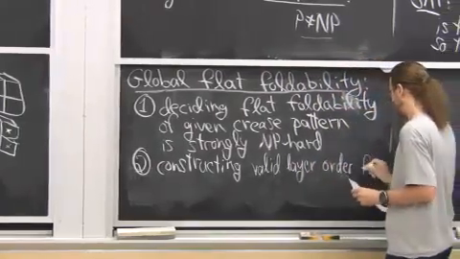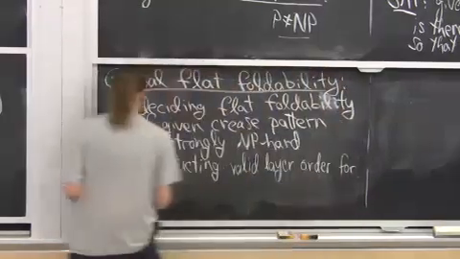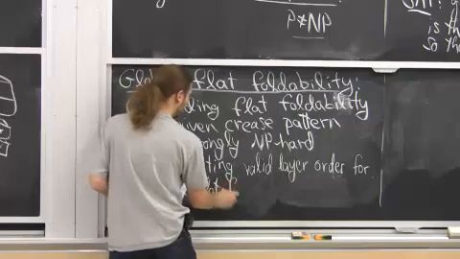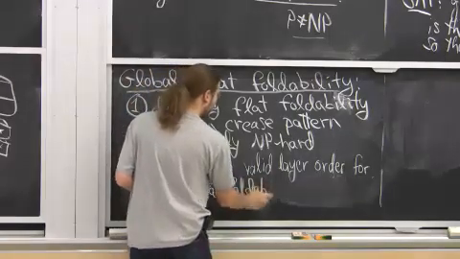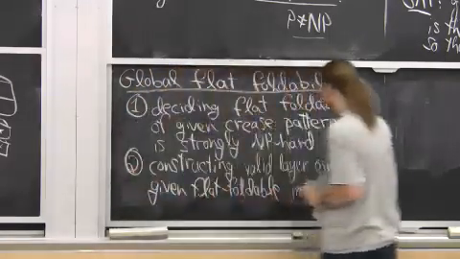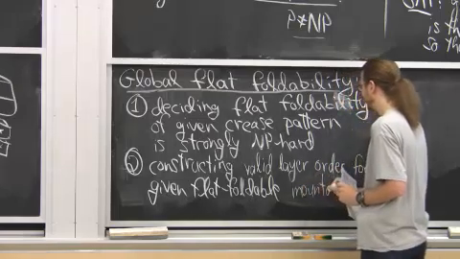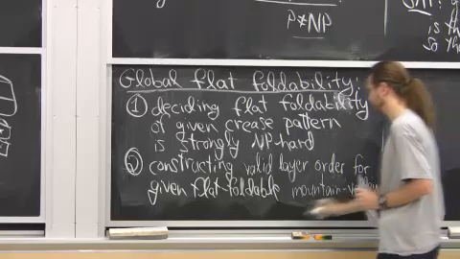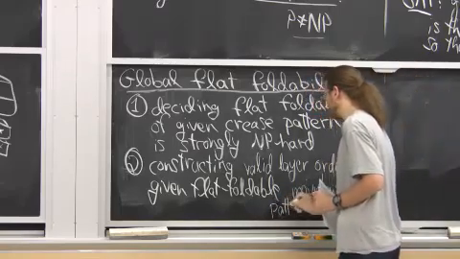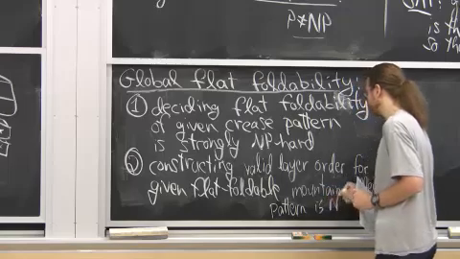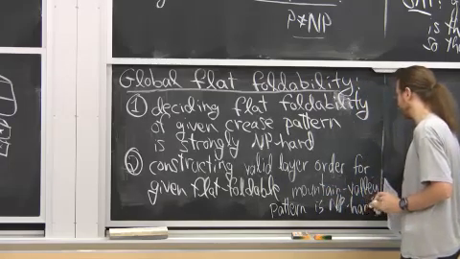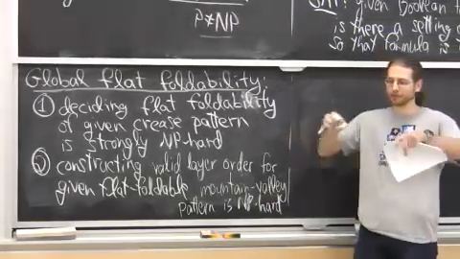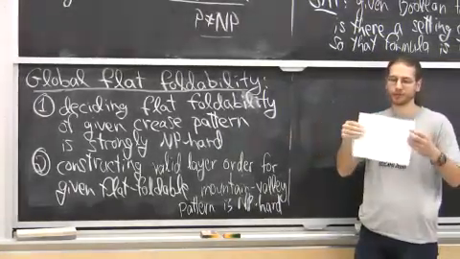The other thing they proved is that if you're given a flat foldable, even I tell you it's flat foldable, and I even give you the mountains and valleys that make it work, still flat folding the thing is NP-hard. So if I give you a flat foldable mountain valley pattern, all that's left is to decide I can fold each vertex, and then there's this issue of layering.